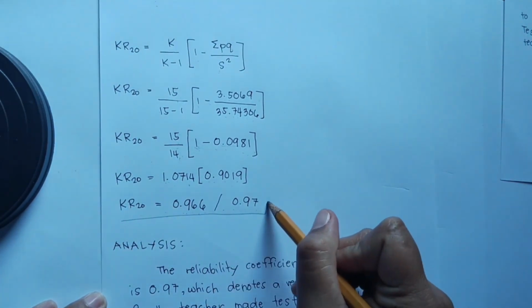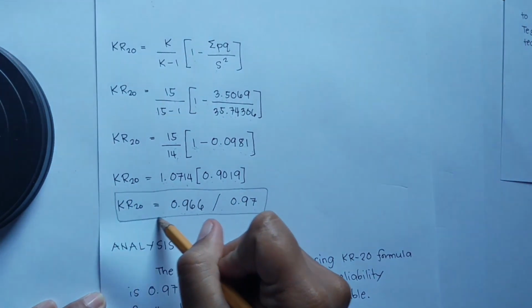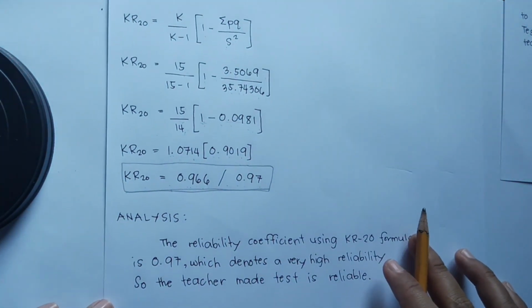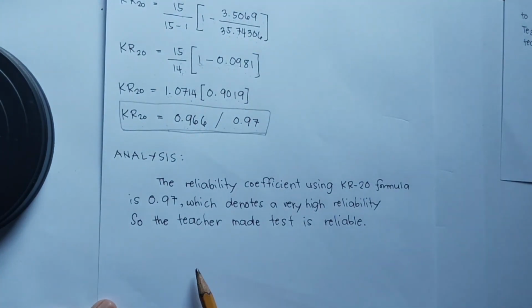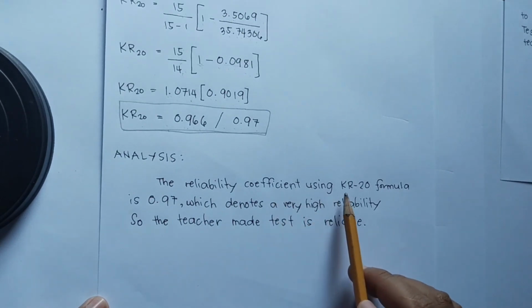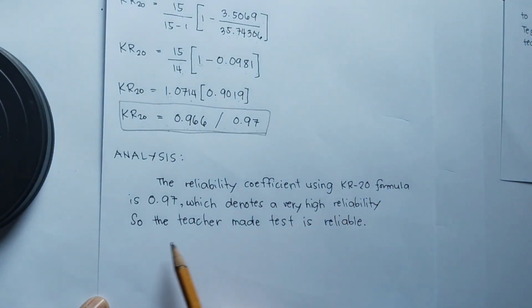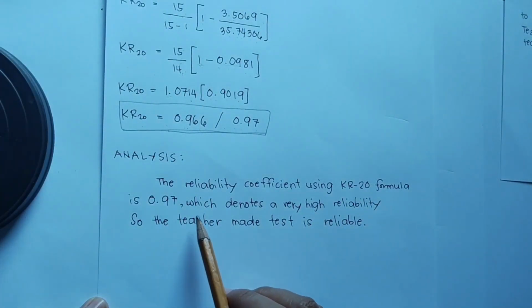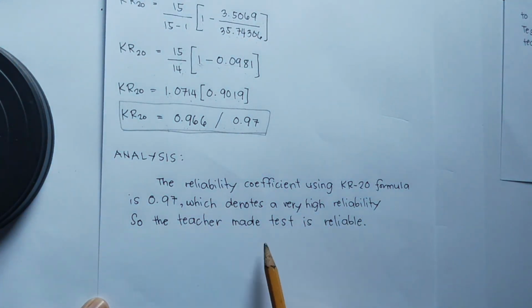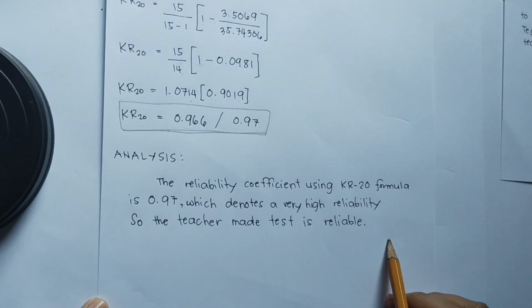So, ito na yung resulta sa ating ginawang reliability test. So, the analysis or the interpretation is the reliability coefficient using KR-21 formula is 0.97, which denotes a very high reliability. So, the teacher-made test is reliable.